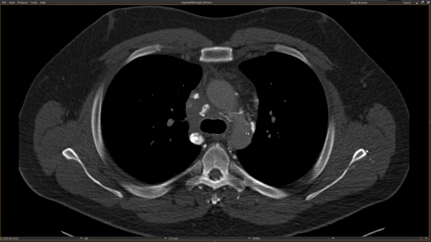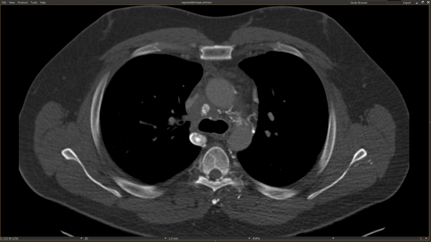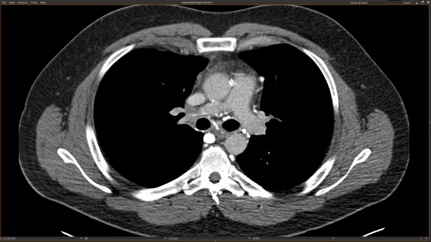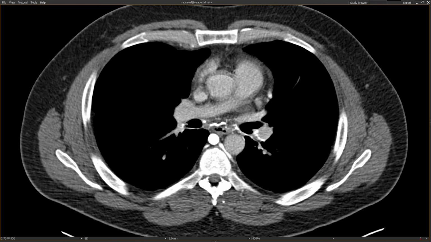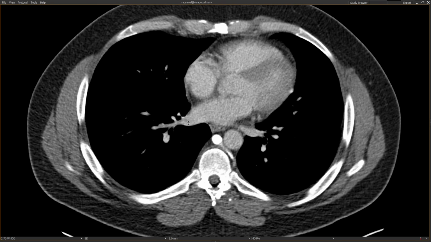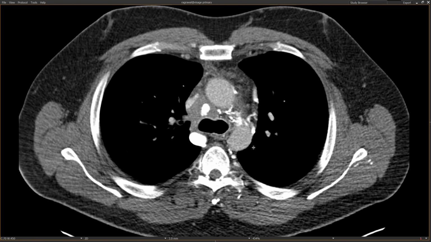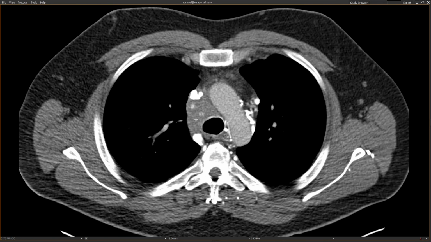And if I narrow the windows here, you could see that that soft tissue lesion has this coarse central calcification in it. This patient, if we look at the pulmonary veins are completely normal. So this patient's pulmonary veins are normal, but their SVC is almost completely occluded.